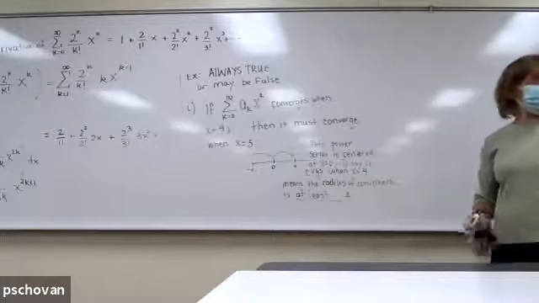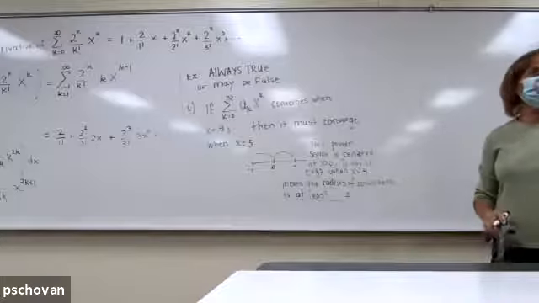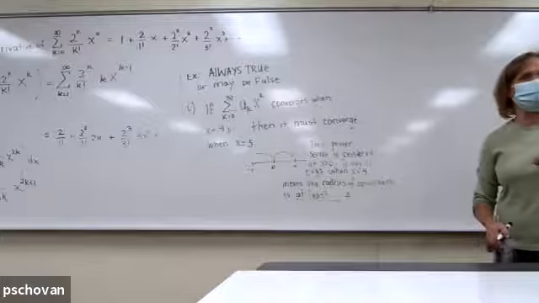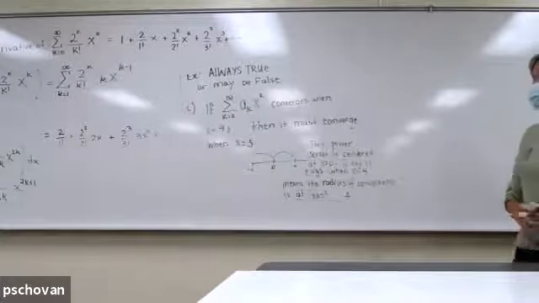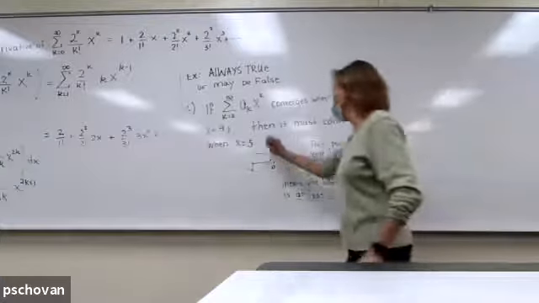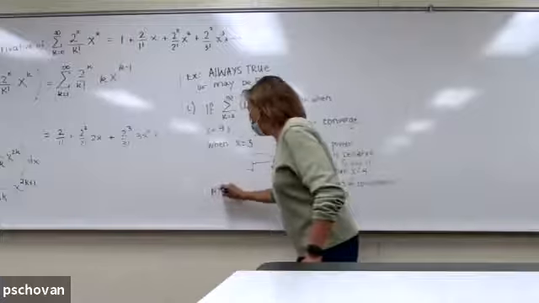And since 3 is within that radius of convergence, 3 is within that interval generated by that radius of convergence, then the answer is true, always true. So 3 is in here. So this one is always true.